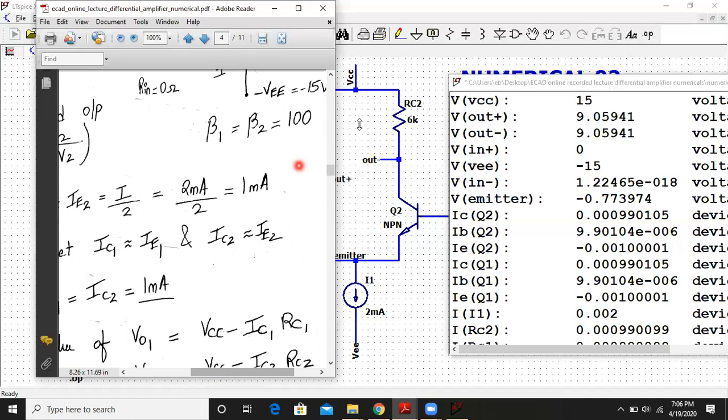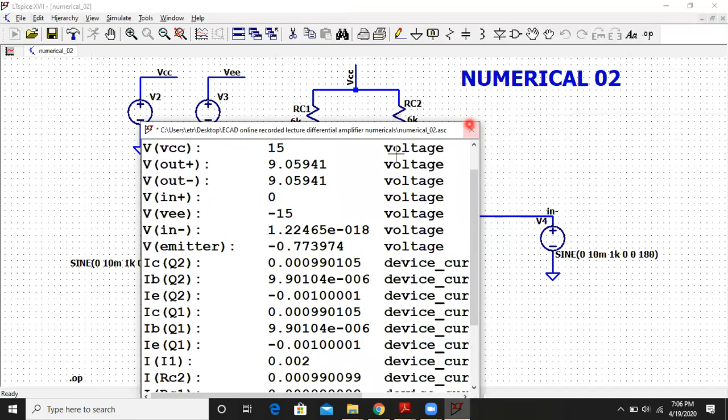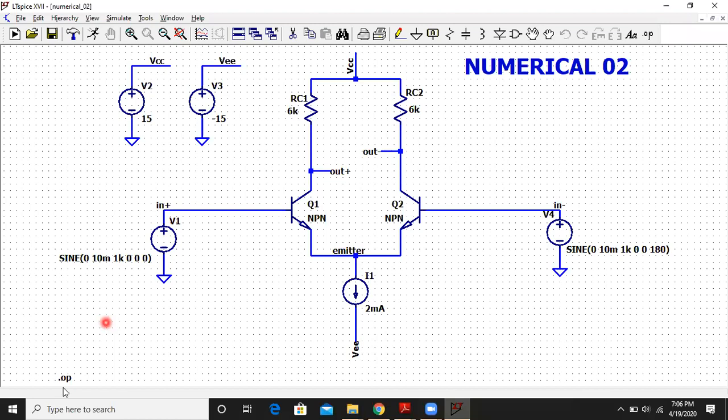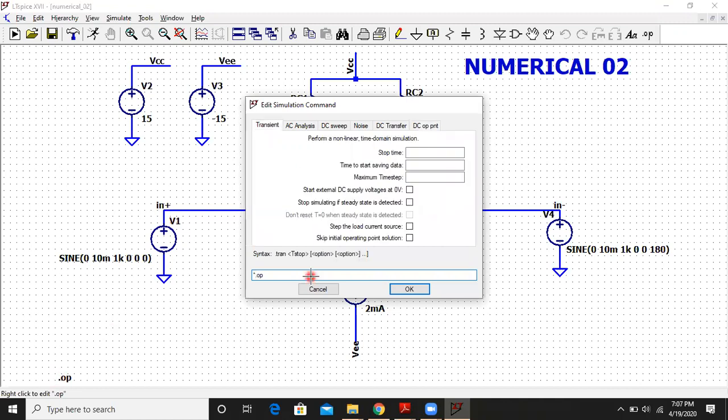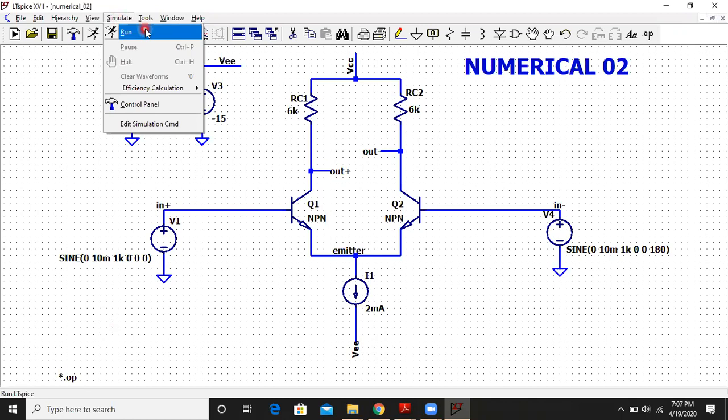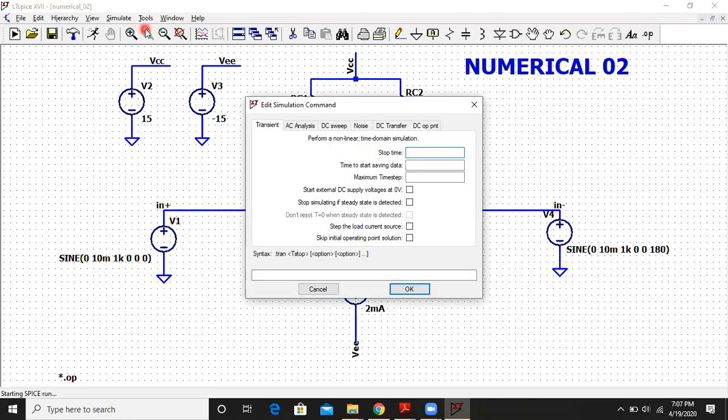Now let us go back and check with the AC conditions. For AC conditions, we have to keep this .op as a comment, and we'll go to simulate and press on the run button. Since the frequency is given as 1 kilohertz, we can keep the time period as 3 milliseconds so that we can view 3 waveforms.